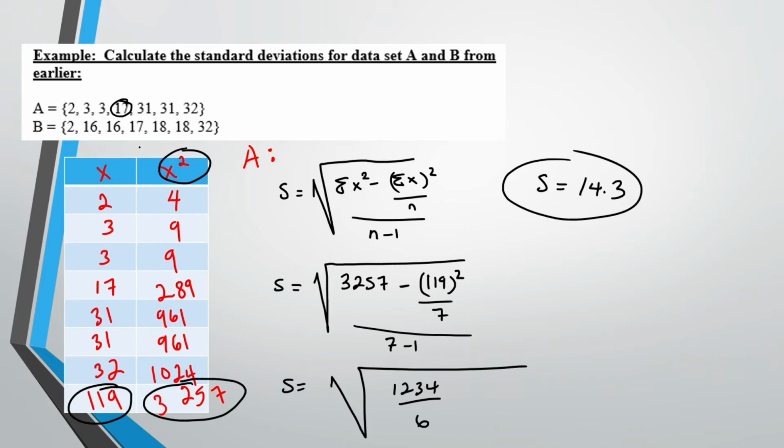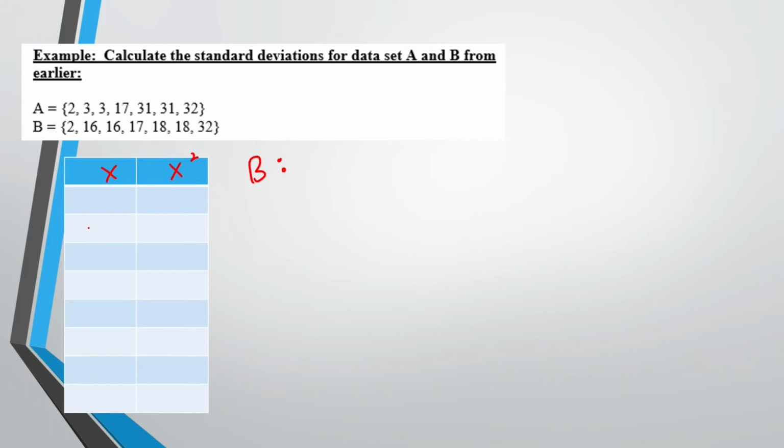Now let's do the same process for set B. We'll enter our numbers for the first column: 2, 16, 16, 17, 18, 18, and 32.